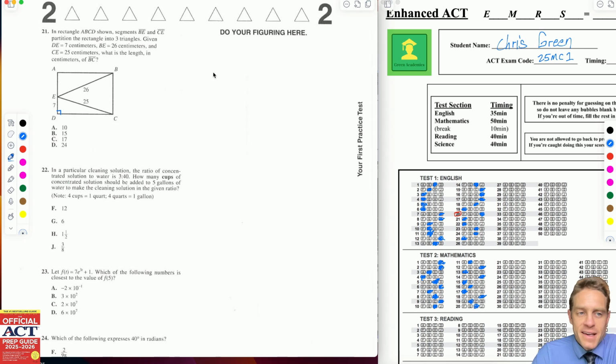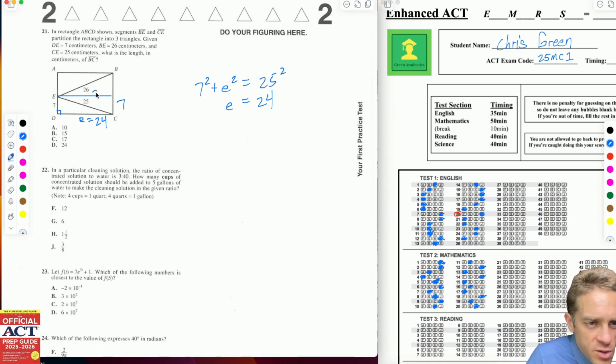So DC, which is technically lowercase e being across from capital E. So 7 squared plus e squared is 25 squared. It's a Pythagorean triple. e comes out to 24. And then this would be a 7. And then a 24 and a blank and a 26. So the 26 is the hypotenuse.